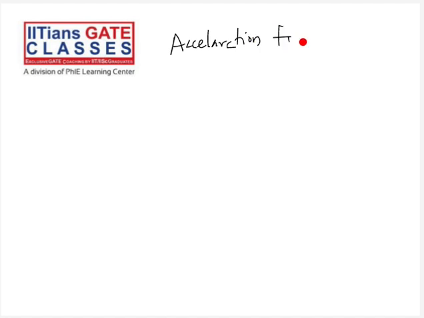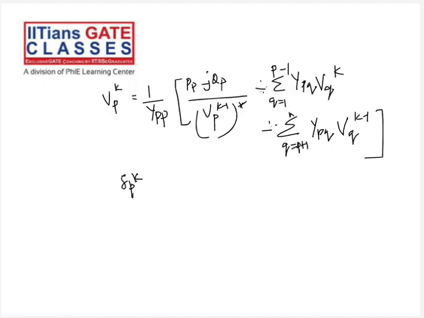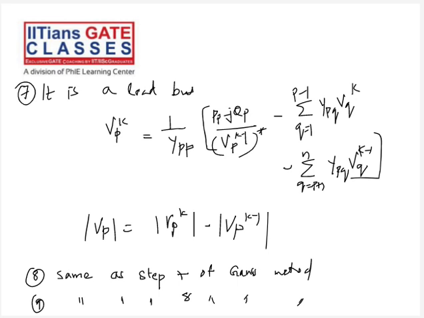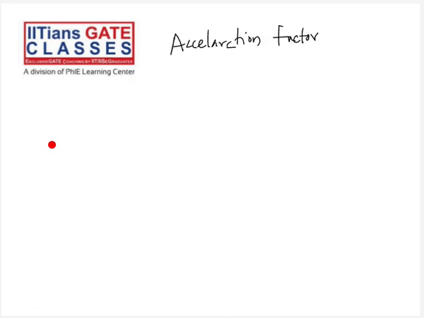In step 6 and step 7, we add one more additional step, 7d, where after calculating VP, the accelerated version is whatever VP we calculated plus alpha into the difference.